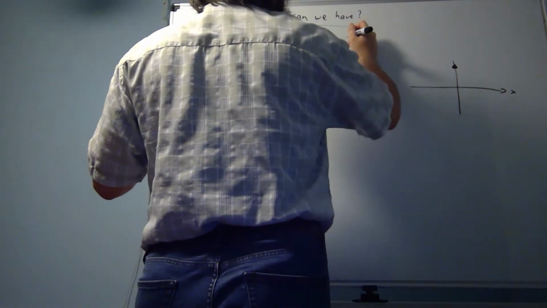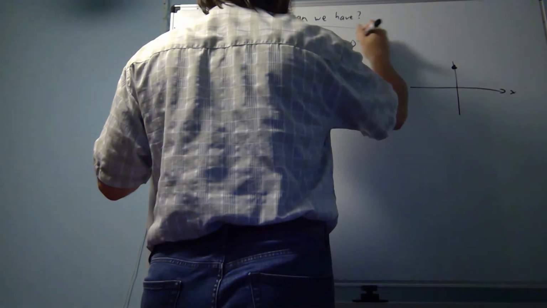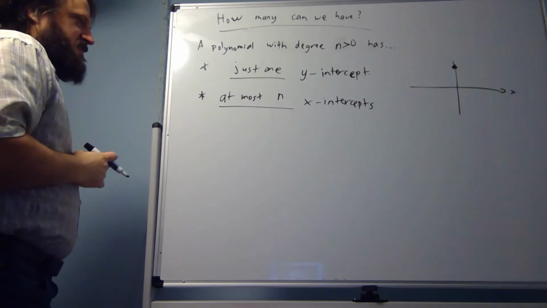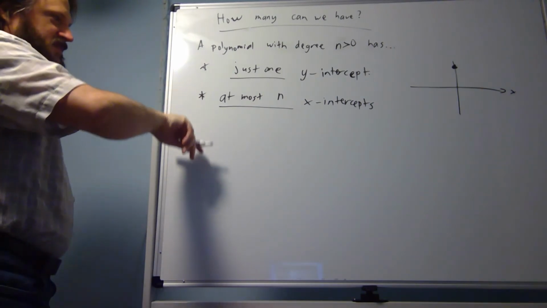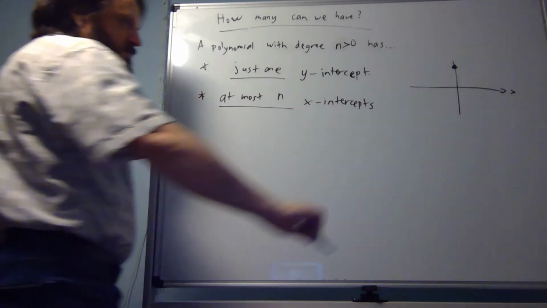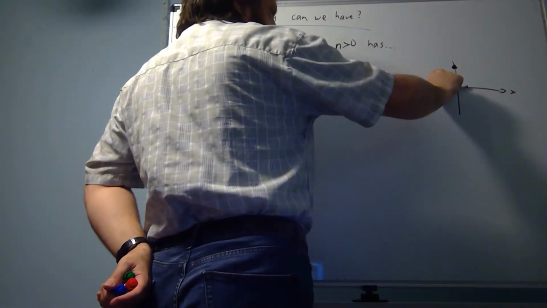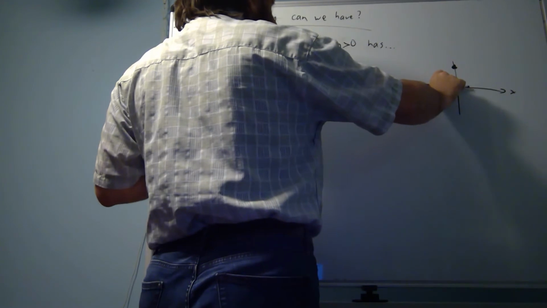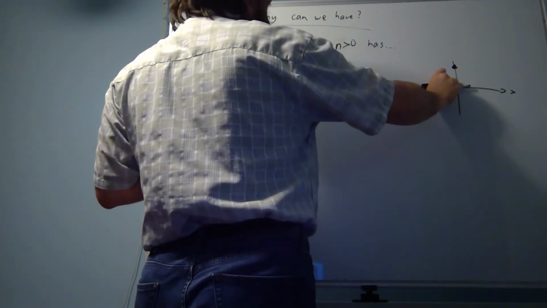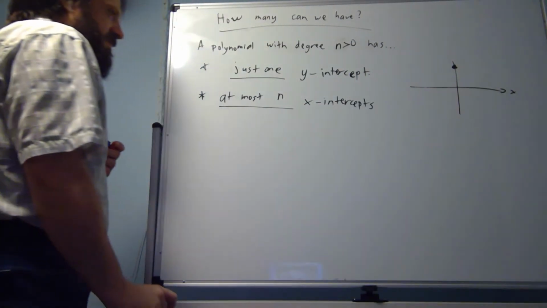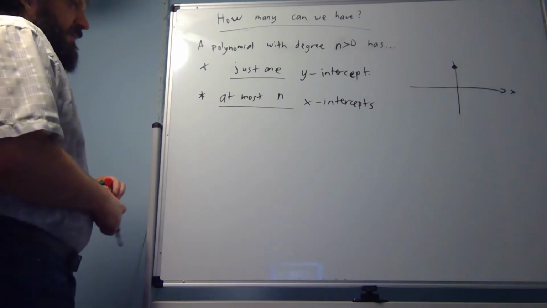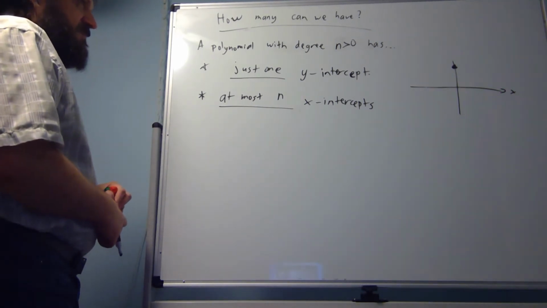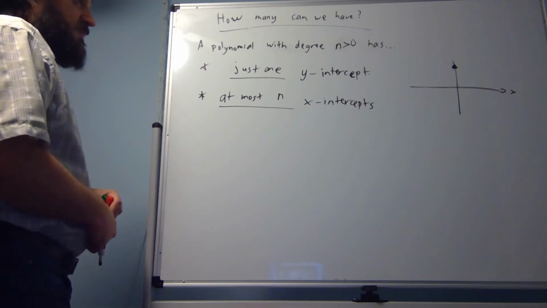And there's a technicality here. Constant functions, actually the 0 function, either has no x-intercepts, which would be fine, but the 0 function is technically a polynomial, and every single point on the 0 function is an x-intercept, which would be kind of goofy.